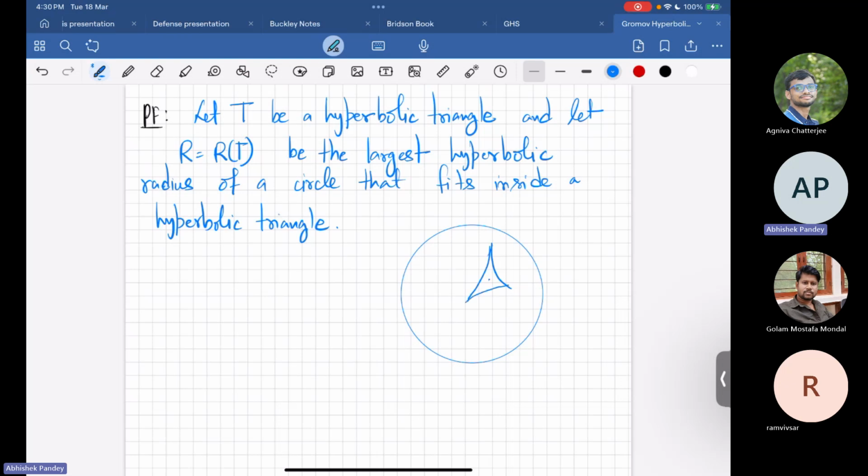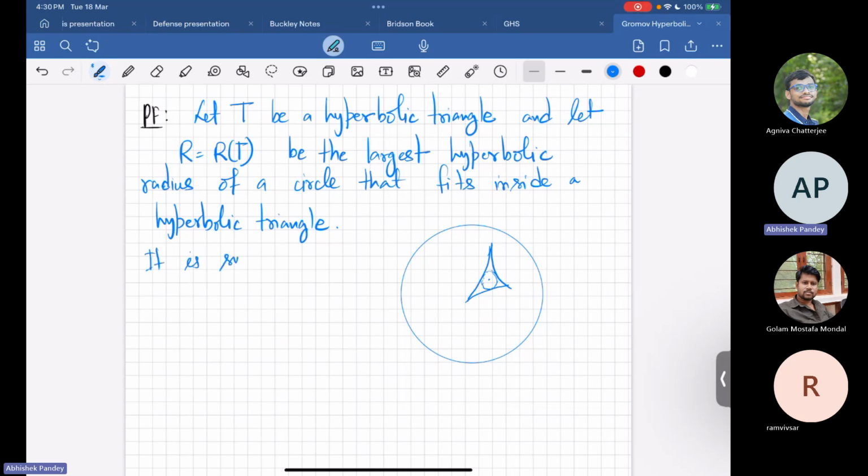We are looking for the largest hyperbolic radius of a circle that fits inside this hyperbolic triangle.